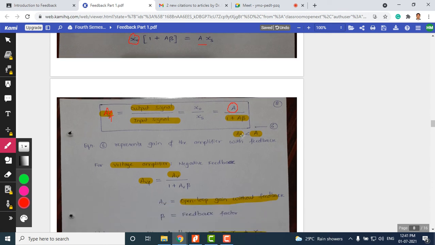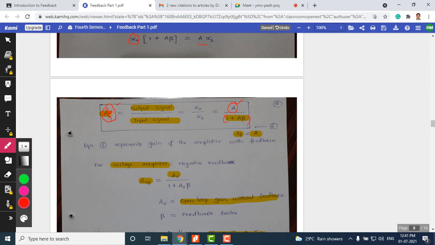Now if you compare this Af, the gain with feedback, and the gain without feedback, A, obviously Af is less than A. The basic amplifier gain will be higher and the amplifier with feedback will be lower. As we told in the beginning itself, with feedback there is always a reduction in gain. How much it reduces is given by this factor here.